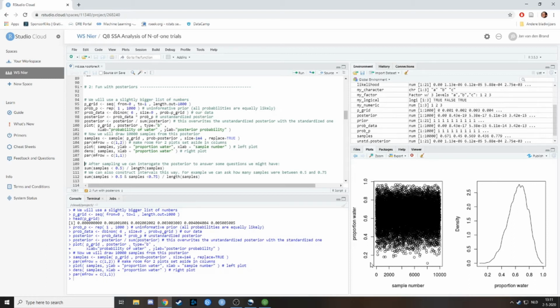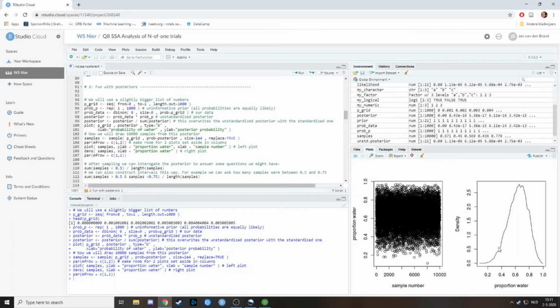So this is the actual sample. We've got 10,000 samples with the value for each sample, and you can see that in some of these samples the value for the probability of water is actually very low, and in some it is really high. Through this muck we can't really see what the most likely values are.